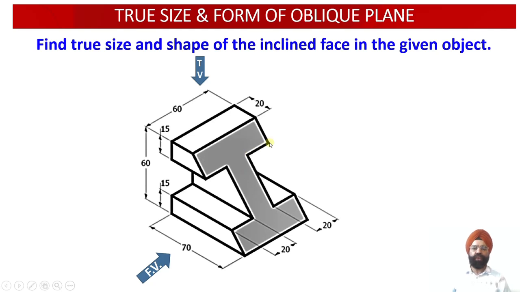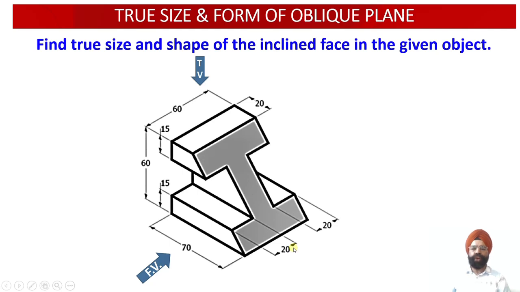Now in order to evaluate the true shape of this shaded portion, that is the inclined portion that we are having, we need to develop the orthographic projections of the solid in such a way that we should be getting the edge view of this inclined section surface in one of the orthographic views.